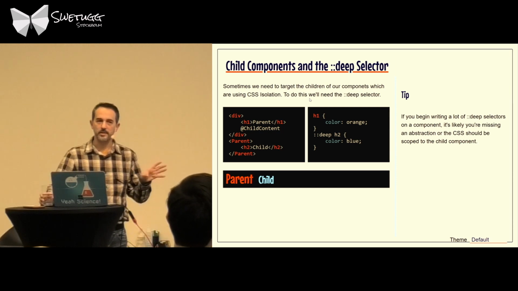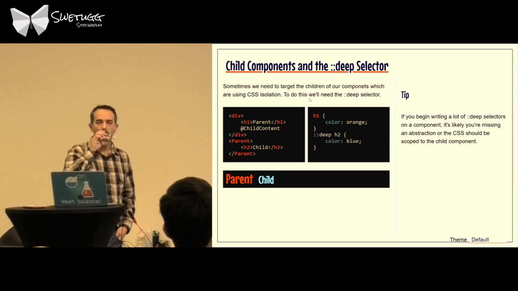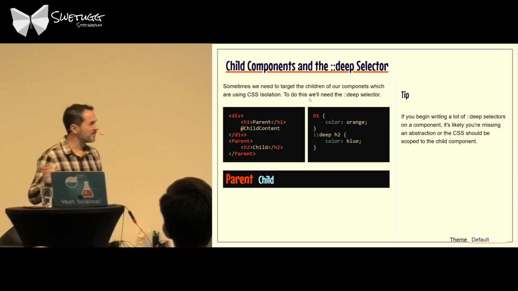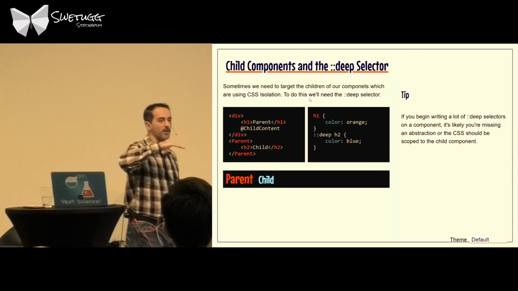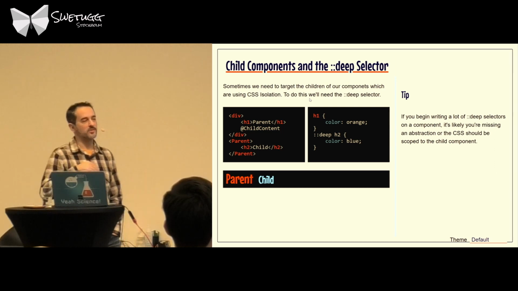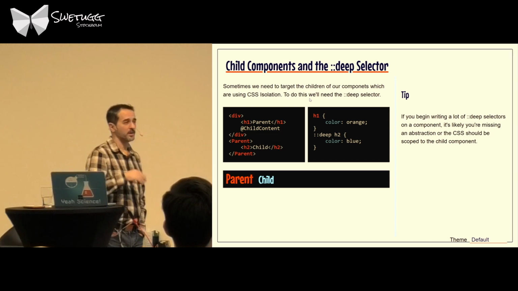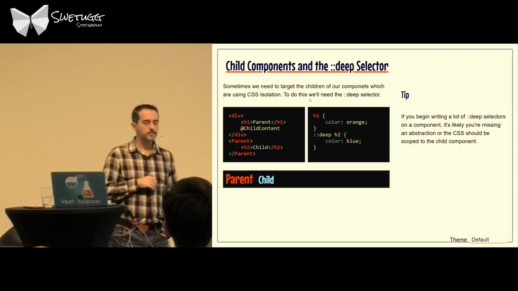Now, one rule of thumb here is if you see yourself using this deep selector a lot, specifically in the context of a single component, you've got 4 or 5 deep selectors in this one component, a lot of times what that's telling you is you probably need to abstract out another child component from that component.